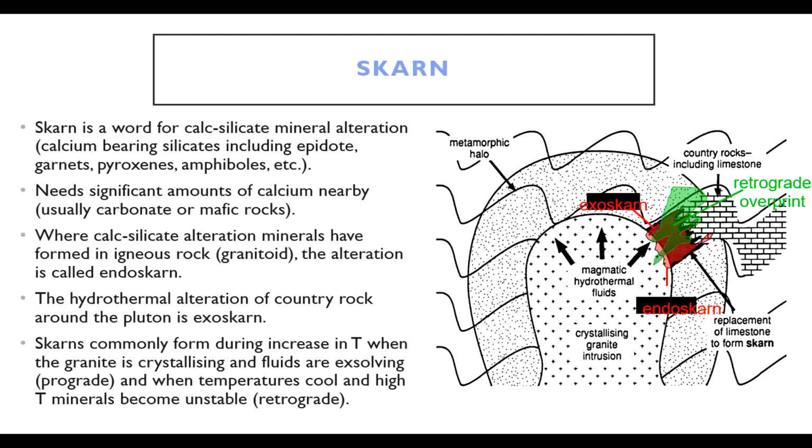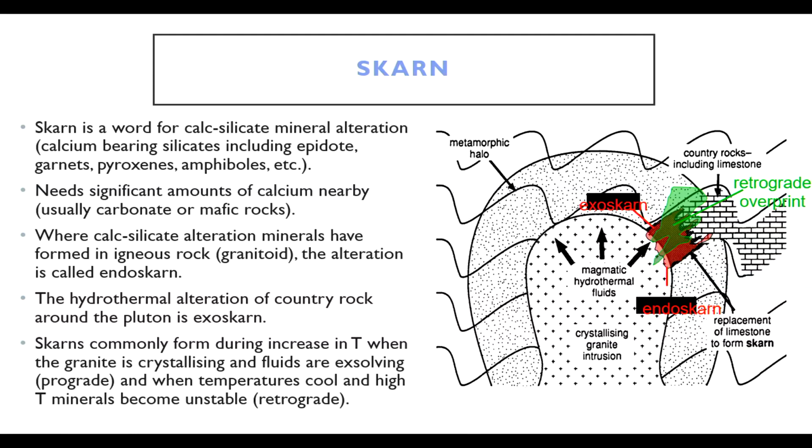So where these usually form is if we have some limestones in the country, in the contact aureole of granite. So they come up, and what happens is if you have a pure limestone and we have these late magmatic fluids that come off the granite, they might move new elements into that, something that was, say, calcium carbonate.